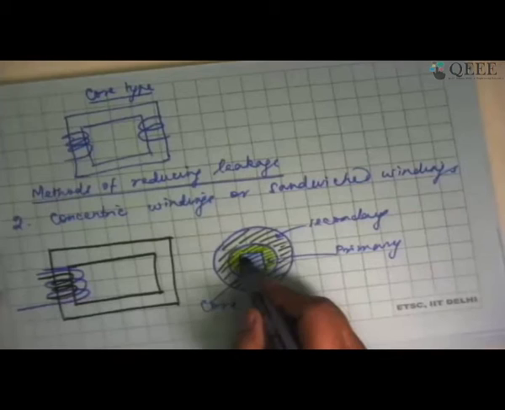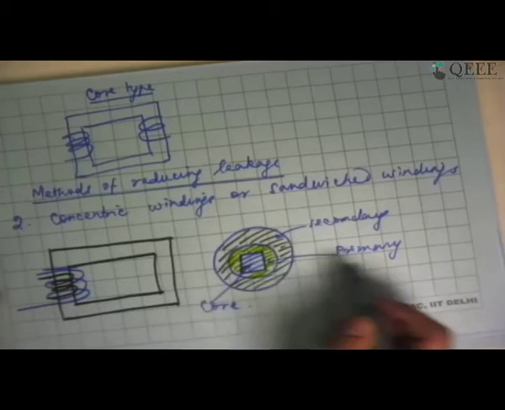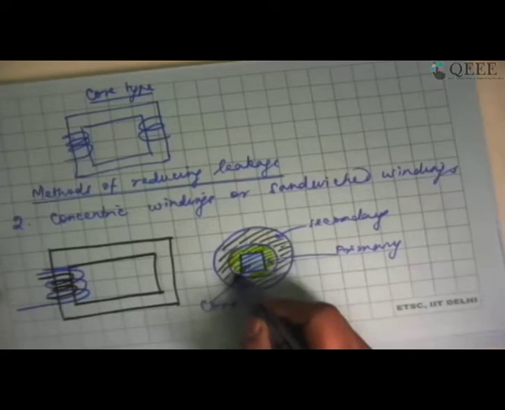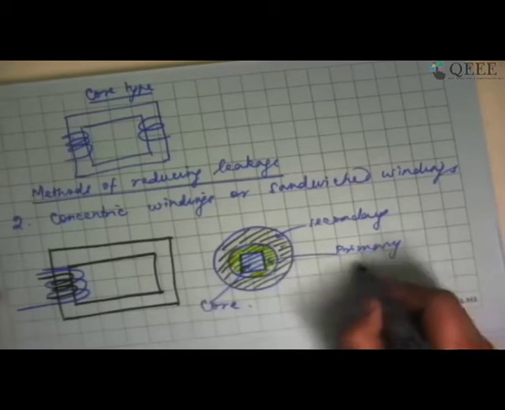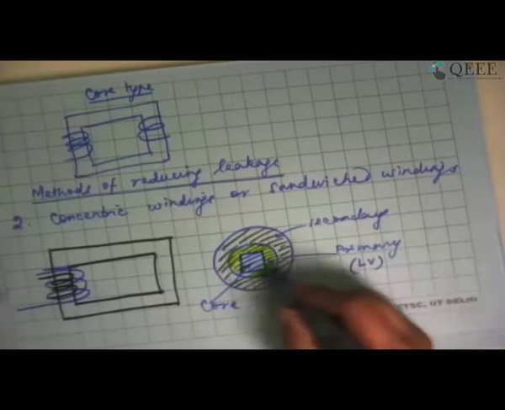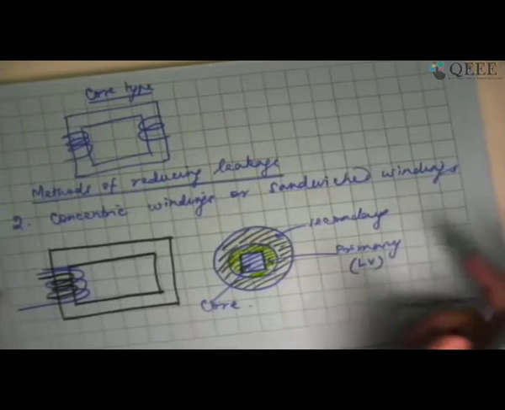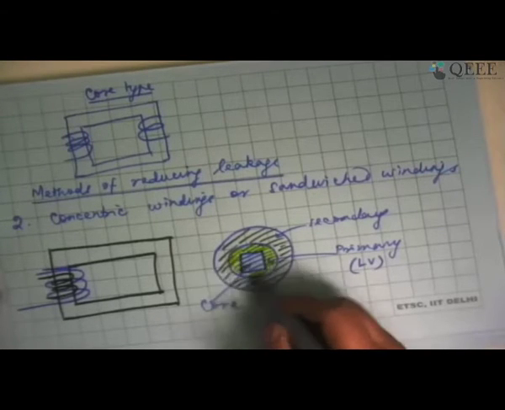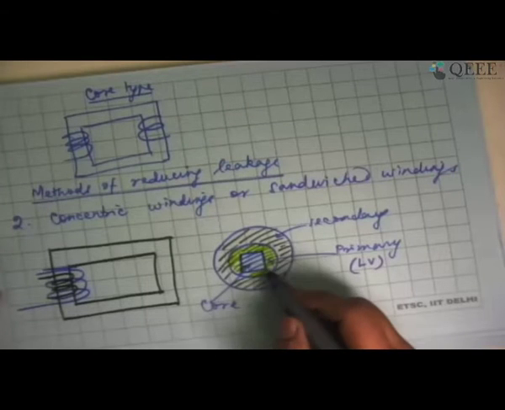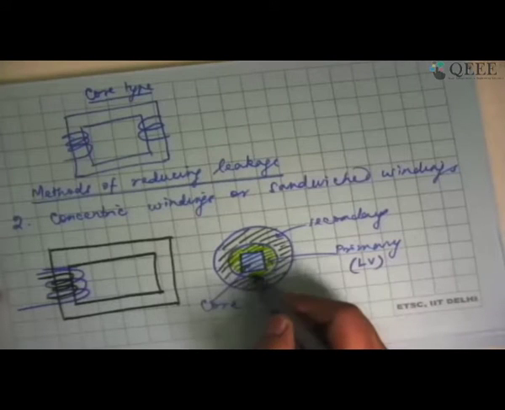By the way, the core is also a conducting material, so the primary winding has to be insulated from the core. If it is a low voltage winding, it is easier to insulate, because the higher the voltage, the thicker the insulation. Then it will be difficult because you have to make very thick insulation, and to wind it around the core as the inner circle is going to be more effort.